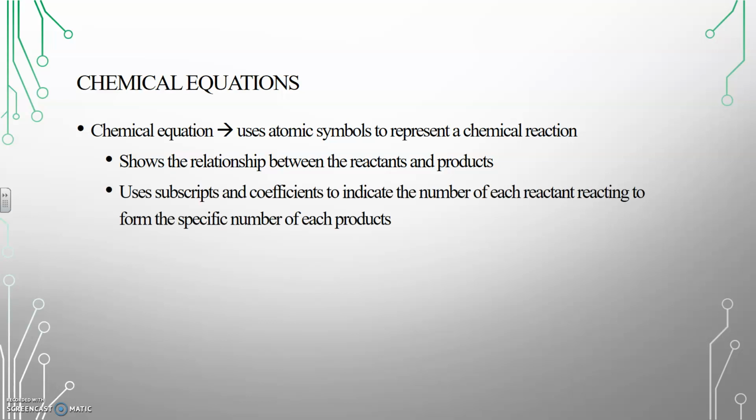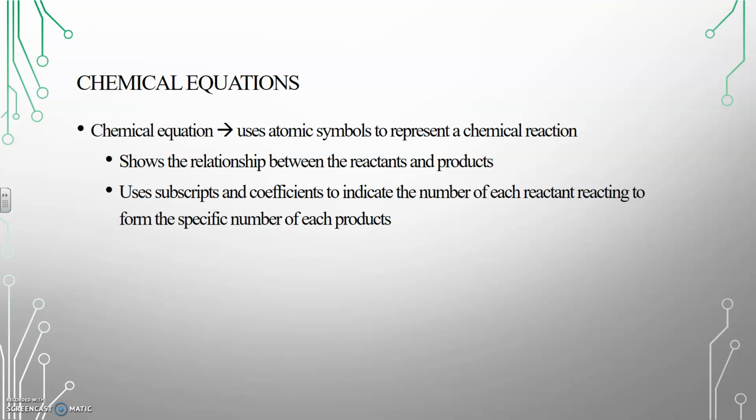So you're going to use subscripts and coefficients. Subscripts will be after each individual element to tell you how many atoms of that type you have in the compound. Coefficients are going to go in front of the compound and tell you the number of each of those reactants or products in the chemical equation.